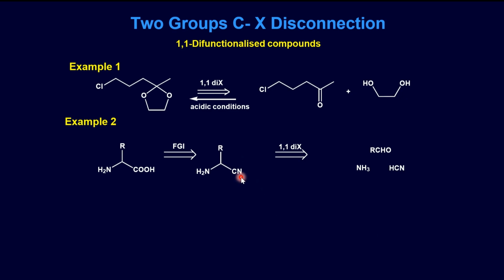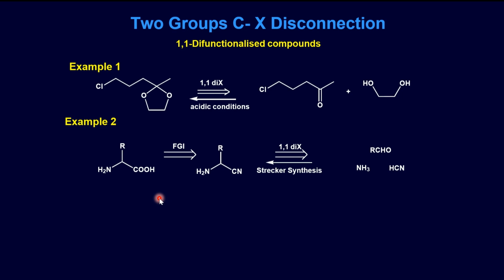The CN minus I can replace by HCN, and like I added the carbonyl group earlier, I add the carbonyl group to the RCHO. The aldehyde reacts with ammonia to give an imine, and the imine formed reacts with hydrogen cyanide to give the corresponding amino acid, and this has been used in the Strecker synthesis.